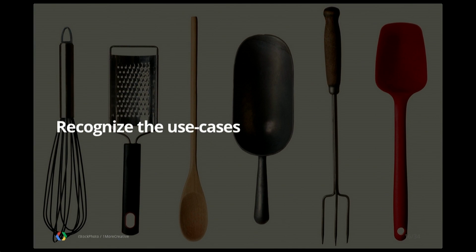So the next point is recognizing the use cases. Now, I talked a little bit before about that there are different use cases. And really, the only thing you can do as a developer is to work out what they are, do some research, find out how your users are going to be using your application. Now, the key point here, perhaps, is the difference between a desktop application and a mobile application. Obviously, when someone's using a desktop application, they're in a different mode to when they're using a mobile application.